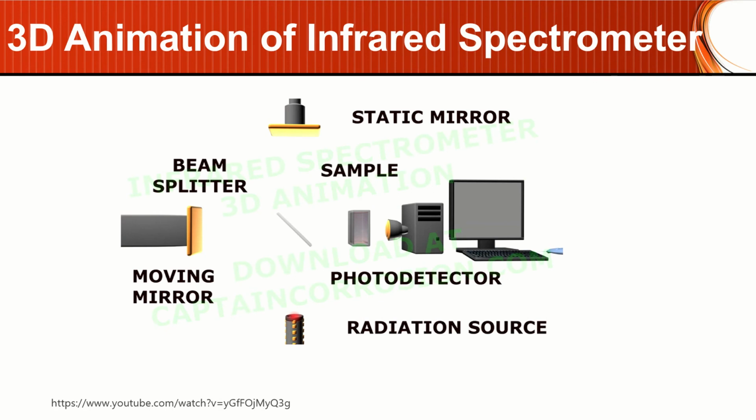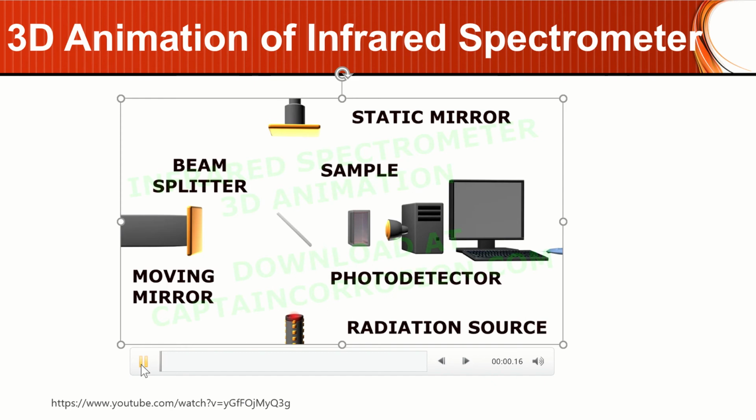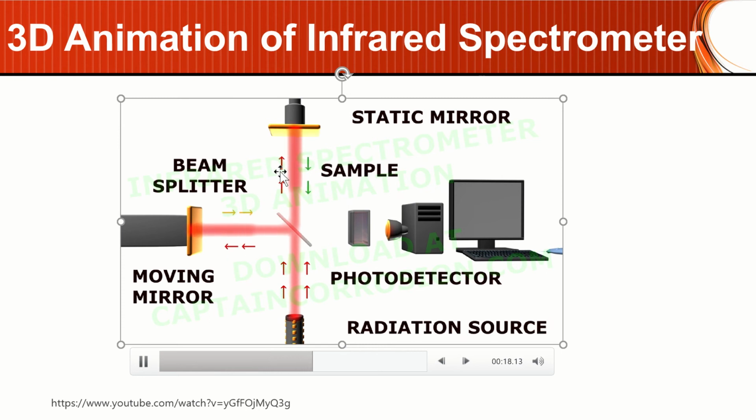Having said all of that, let's have an animation to show what happens. So we have the light coming from the source, and this is a beam splitter. Remember, it splits it up into the moving mirror and the fixed or static mirror, right? So notice the direction of the flow, the arrow.